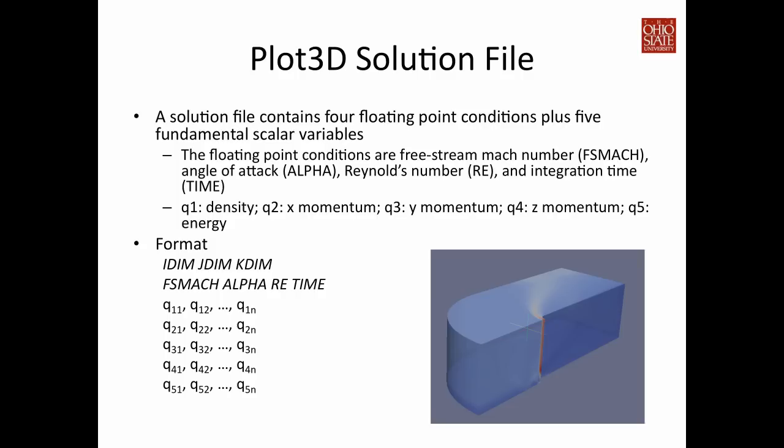And then you store a chunk of the first scalar, the density, followed by a chunk of the second scalar, x momentum, and then y momentum, then z momentum, and then energy. Here, a chunk is n scalar values corresponding to the number of grid points.